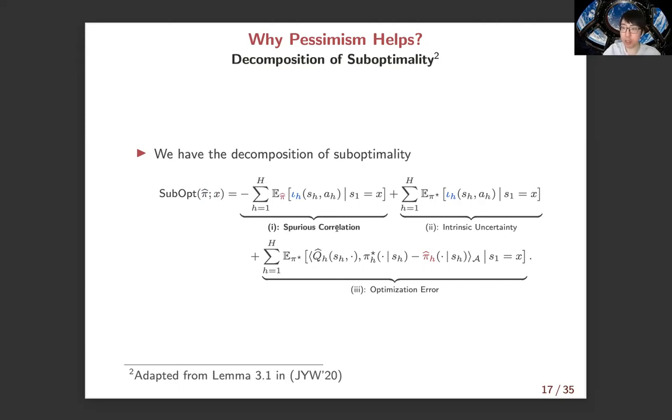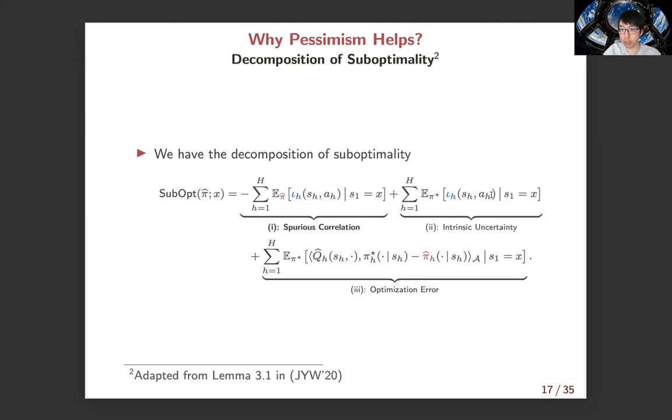The first one is the spurious correlation, which is the quantity we have seen even in the 1-stage setting, which is a special case of MDP. Here we're taking the expectation with respect to the obtained policy, and it correlates with the model evaluation error, because I'm trying to obtain the greedy policy based on data, and the model evaluation error also depends on data. Another term is the so-called intrinsic uncertainty, which is the thing we cannot avoid.